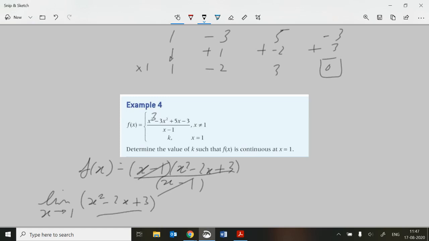And since this is just a continuous function here anyway, as all polynomials are, then you can just substitute the 1 in here, and you'll get 1 take away 2 is minus 1, plus the 3, which is equal to 2. So, determine the value of k such that f of x is continuous at x equals 1. That value of k has to be equal to 2, because our limit on both sides is tending towards 2.